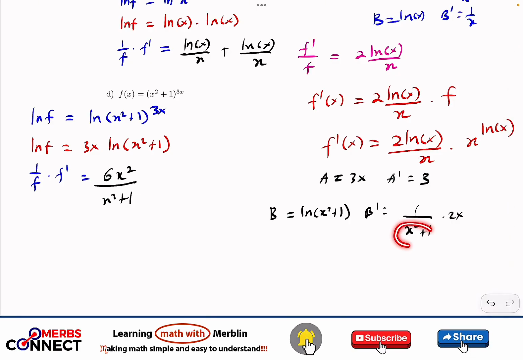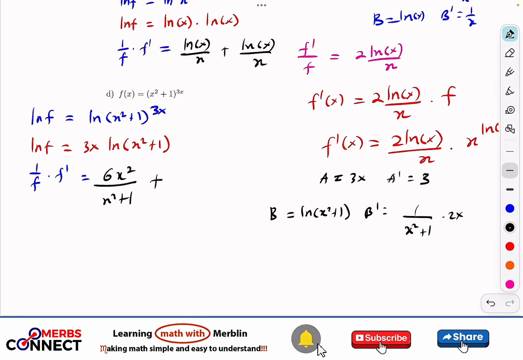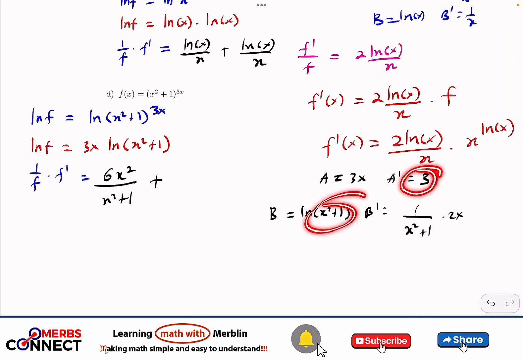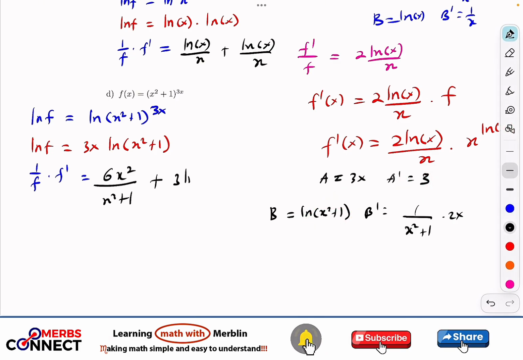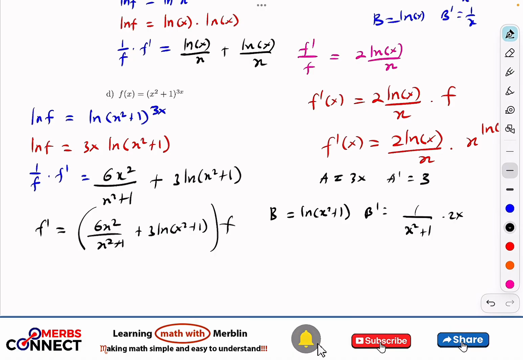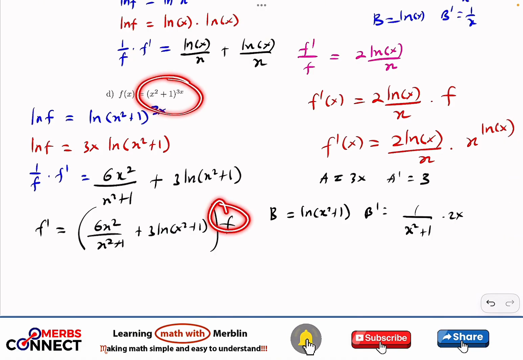And then I have that divided by this, plus this multiplied by this, and we have 3 natural log of x squared plus 1. So we go through the same procedure again. F prime is equal to 6x squared divided by x squared plus 1, plus 3 natural log of x squared plus 1, all times f. Then we need to replace f by this.